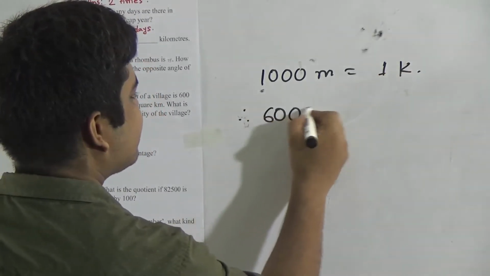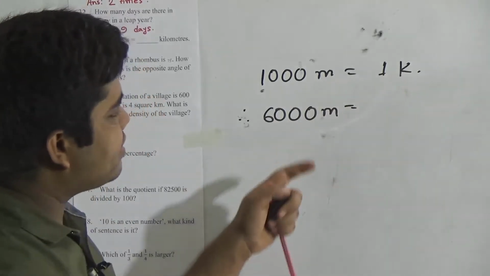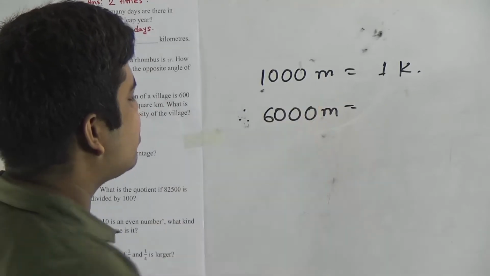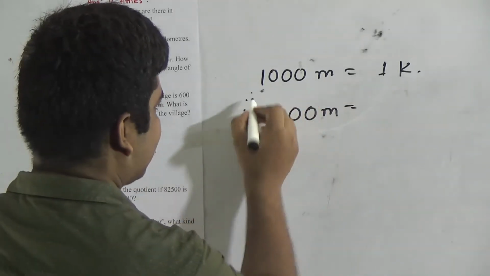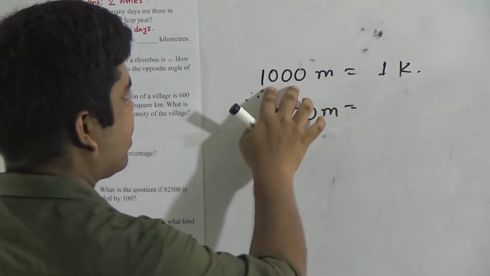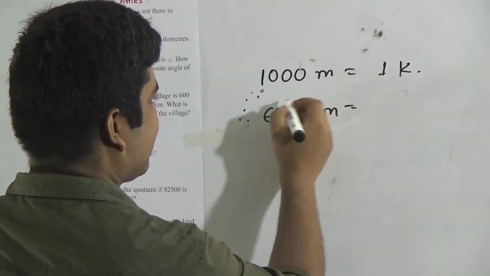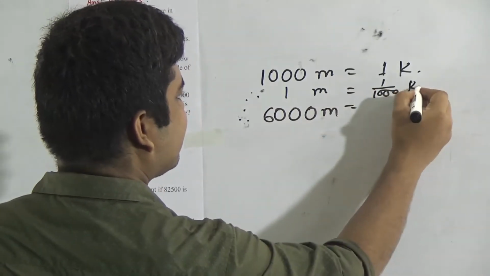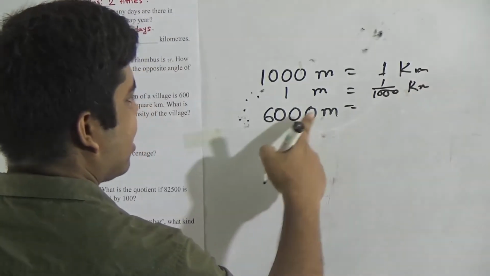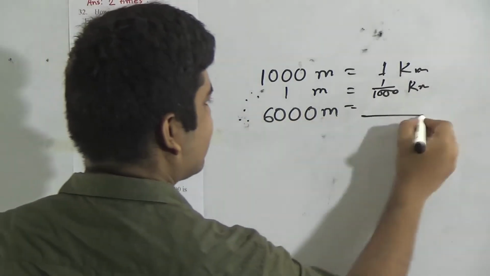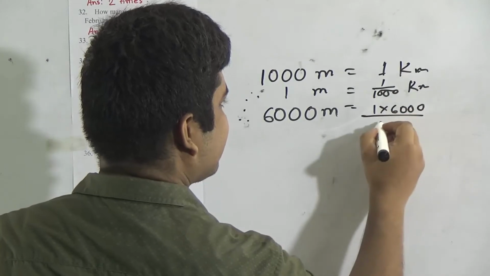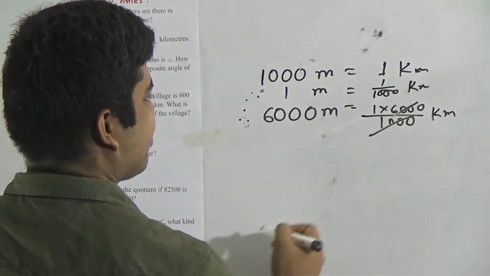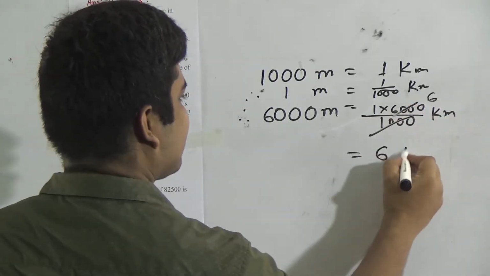Therefore 6000 meters equal to... as 6000 is greater than this, we use here the unitary method. 1000 meters equal 1 kilometer, then 1 meter equals 1 by 1000 kilometer, and 6000 meters equal 1 multiply 6000 divided by 1000 kilometers. Now if we cut, we get 6, so 6 kilometers.